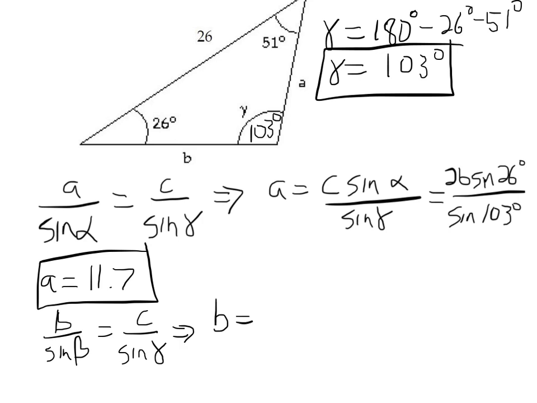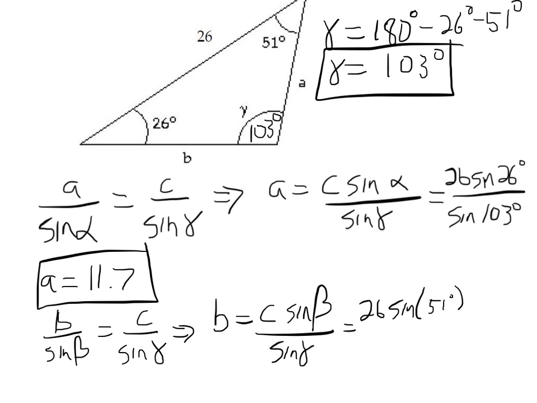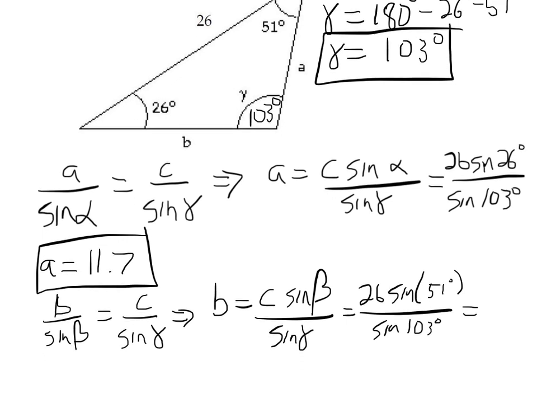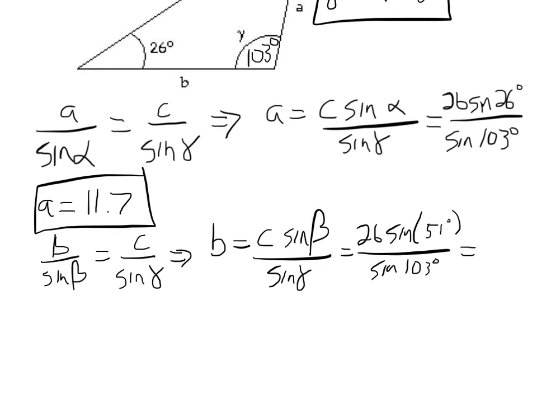B will equal C sine beta over sine gamma. We then plug in 26 for C. Beta is 51 degrees and sine 103 degrees, and we get 20.737, so we will round that to just 20.7.